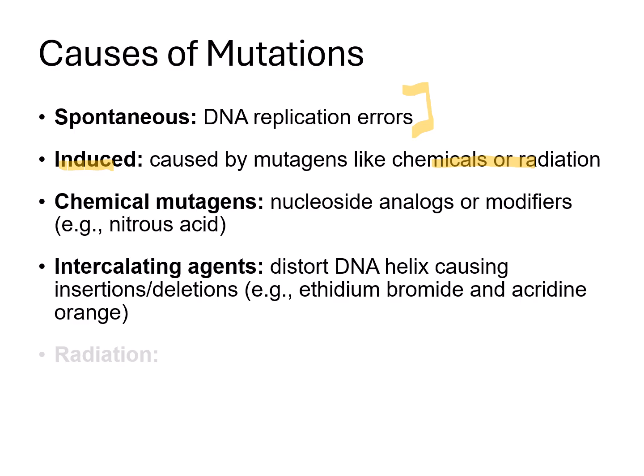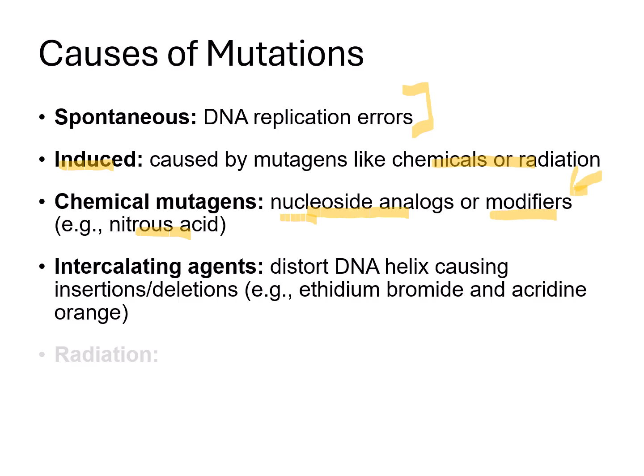For chemical mutagens, we have many different types. Some are called nucleoside analogs if they are very similar in structure to one of our normal nucleosides, A, T, C, or G, and others can be modifiers that actually chemically modify one of our nucleosides. An example could be nitrous acid, so that would be a chemical modifier.